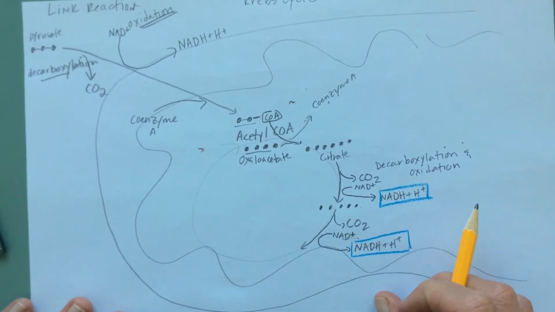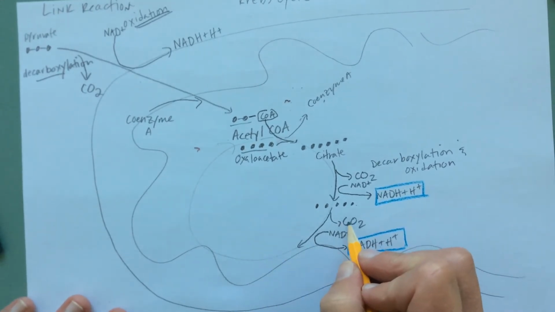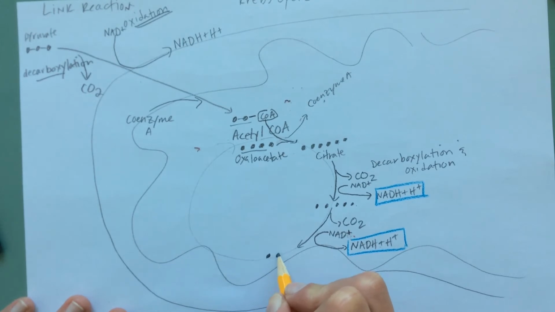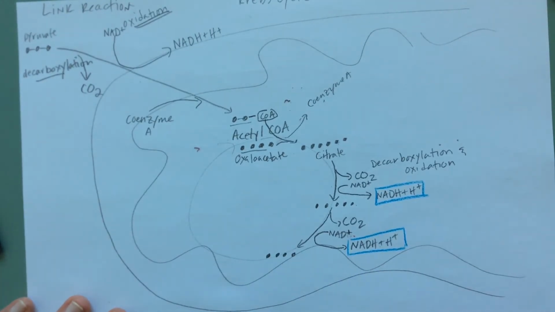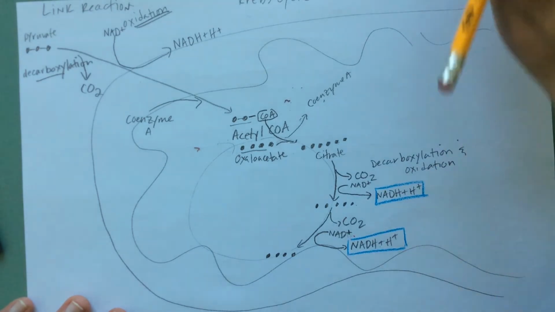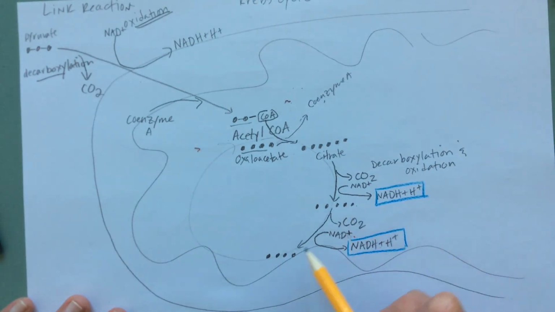And of course, since it's decarboxylated again, now we just have a 4-carbon sugar, right? And so we can just call these a 5-carbon acid and a 4-carbon sugar, okay?